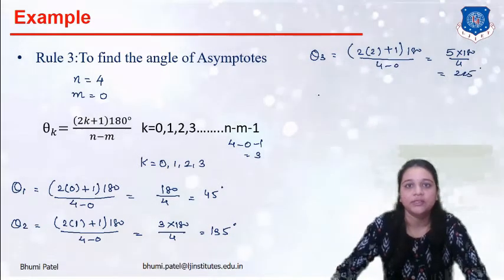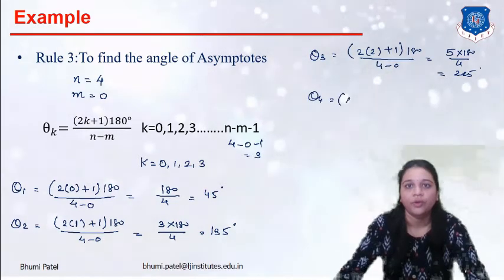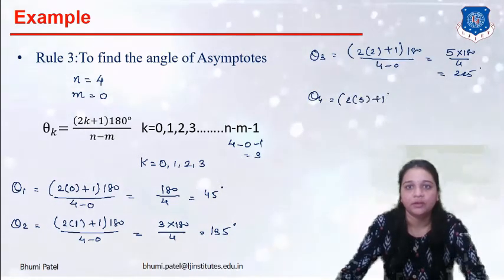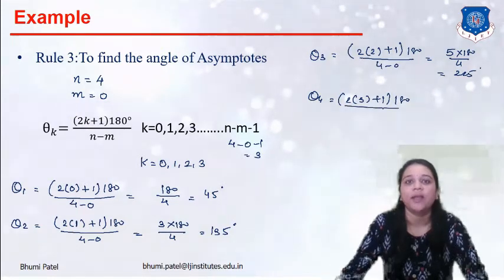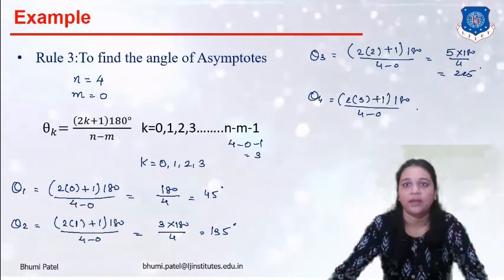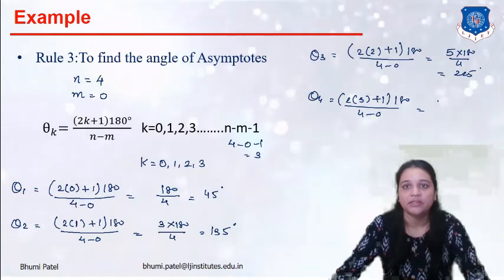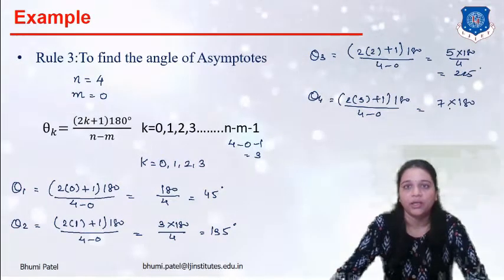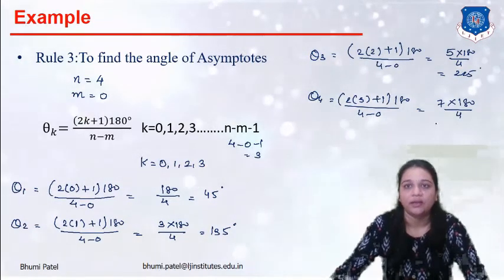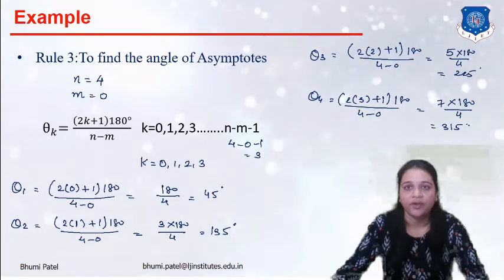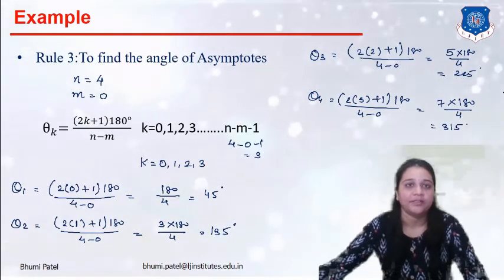And theta 4 is equal to (2 × 3 + 1) × 180 / (4 − 0), that means 7 × 180 / 4, and we can get the angle 315. So this is the angle of asymptote.